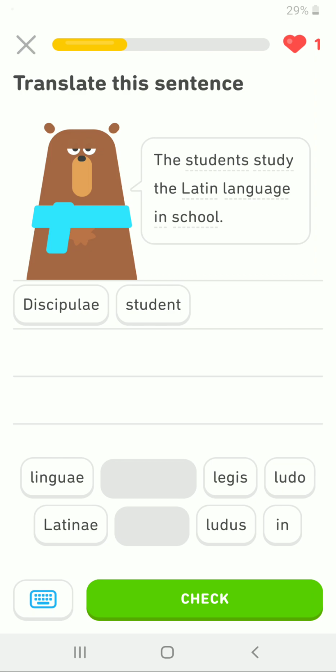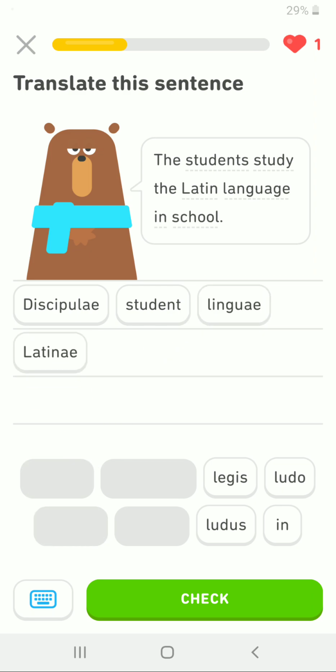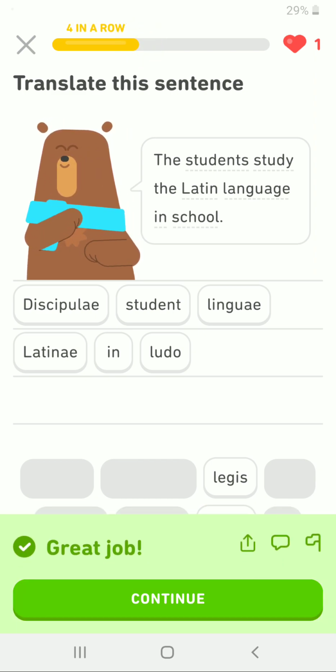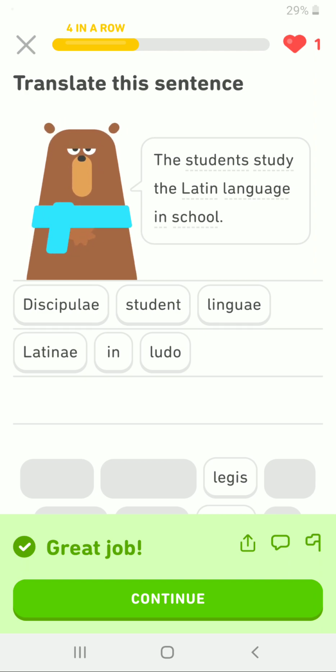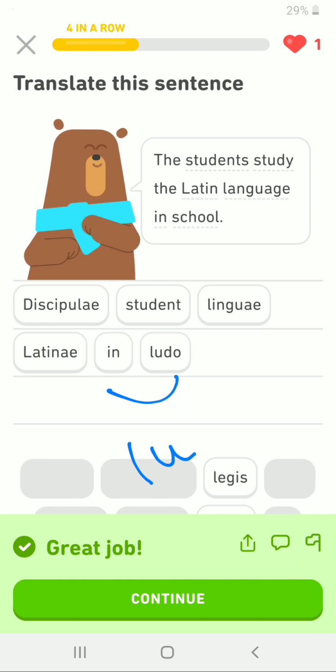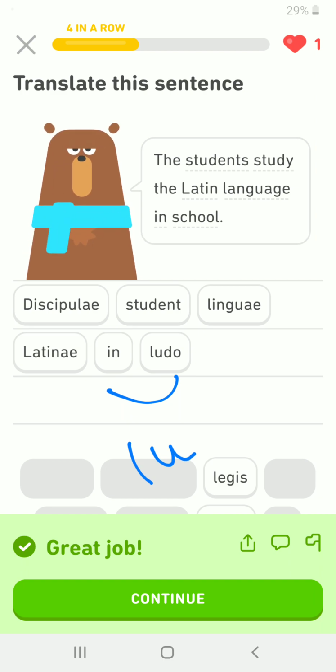Latin language, we say linguae latinae in Ludo. In. Okay, it is correct, but we have to understand everything. So we know this.